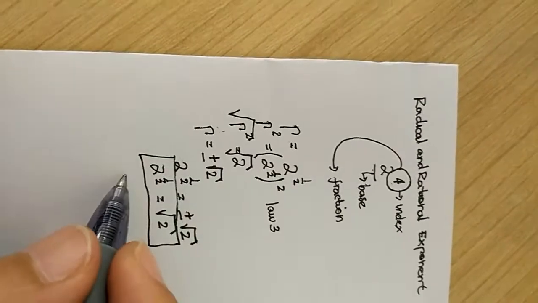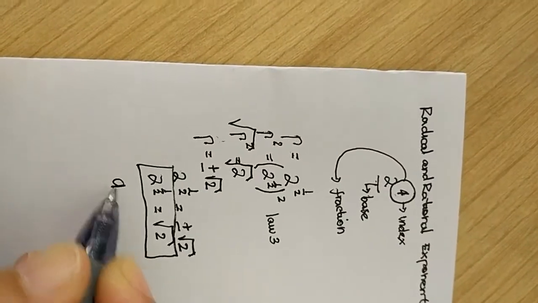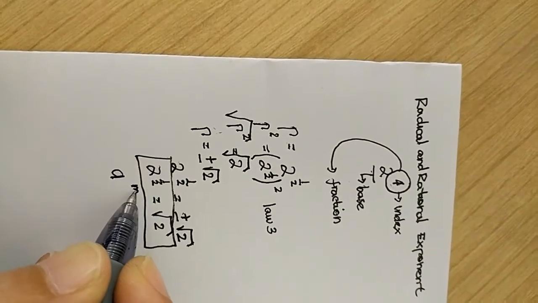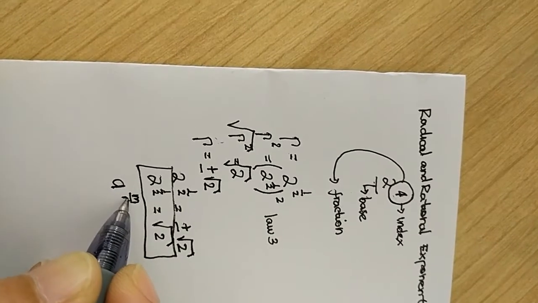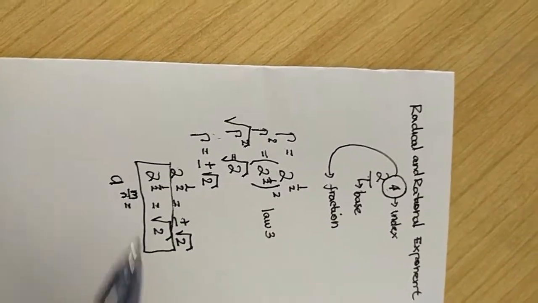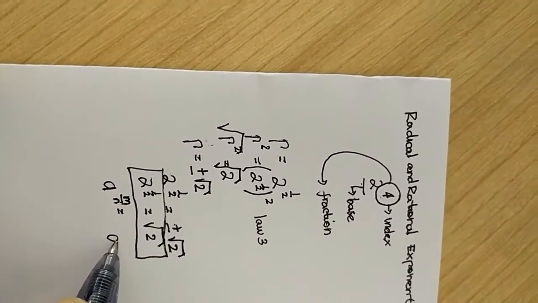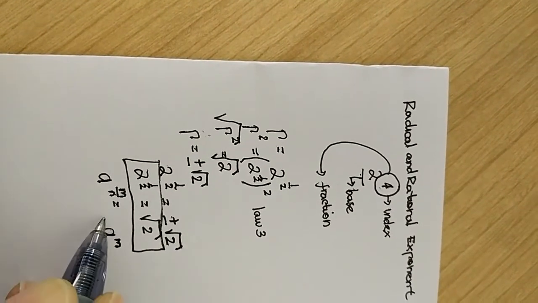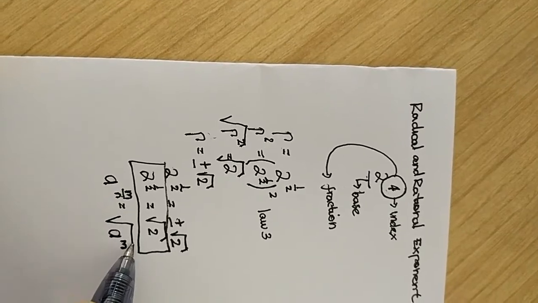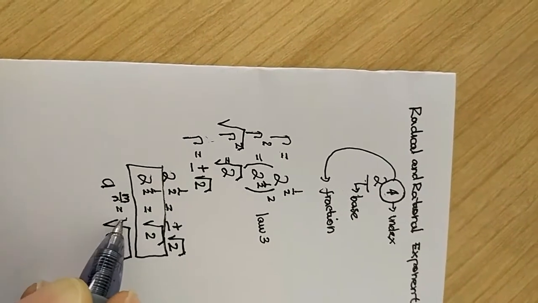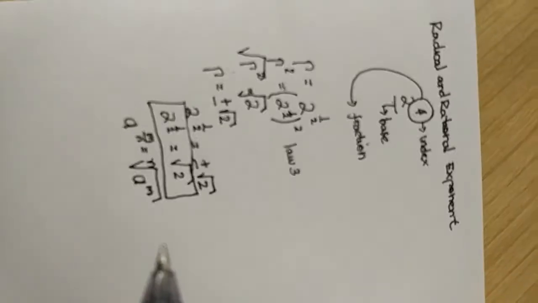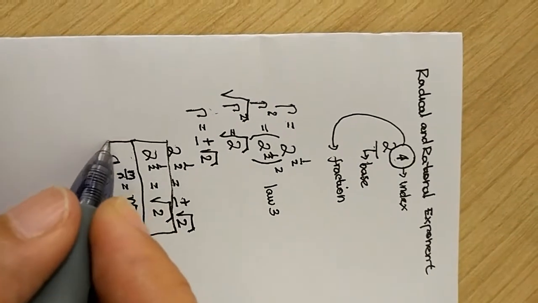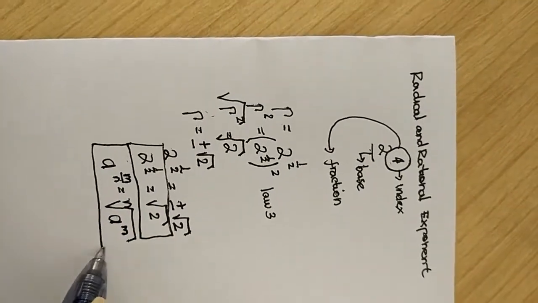It means if I have a to the power of m over n, then what I can do is write it as the nth root of a to the power of m, when using a variable.